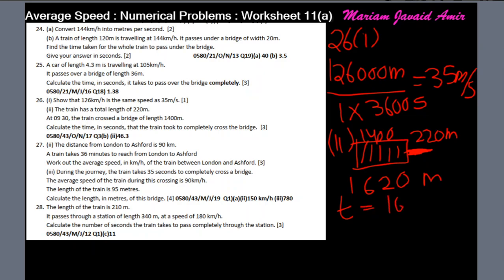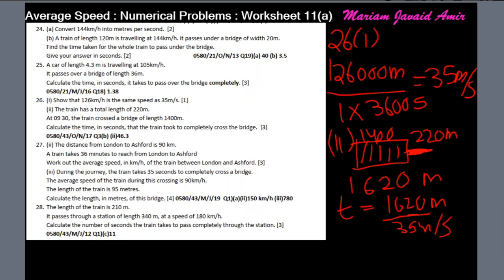and we need the time it takes to completely pass over the bridge, which is distance over speed. This distance is in meters and the speed 35 is in meters per second as well. So 35 meters per second.